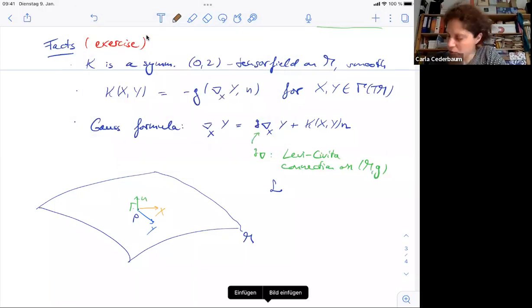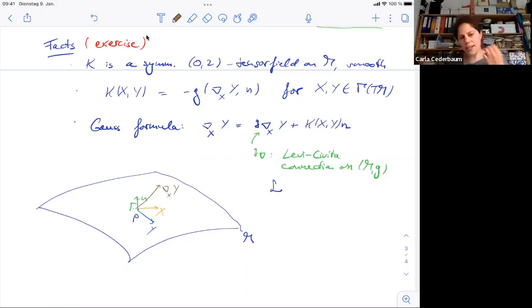What this Gauss formula tells me is that I have this vector, the derivative of Y in the direction of X, which is a space-time vector to begin with, with Y understood and somehow extended to a neighborhood of this manifold M so that I can take this derivative.